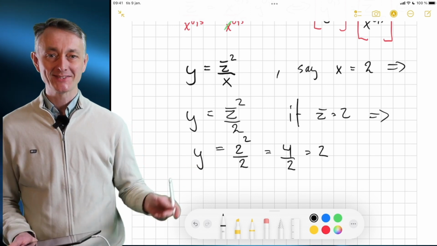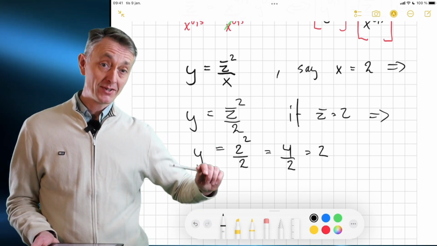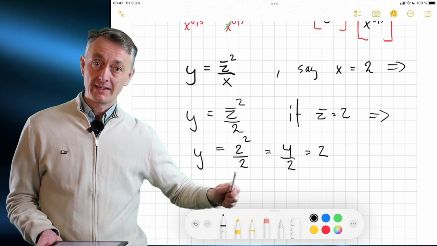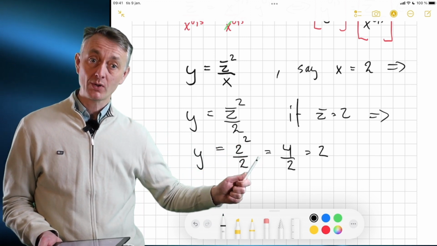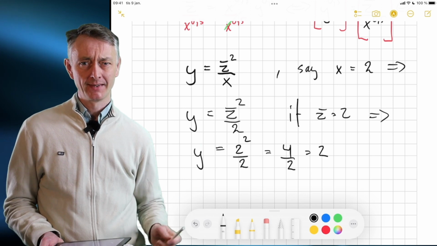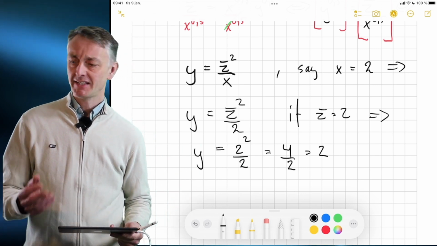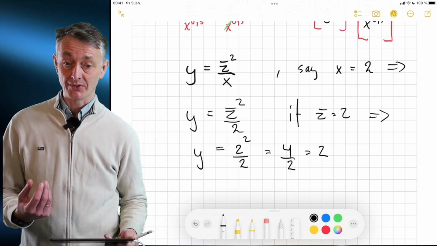Wow! Okay, so remember this. If we are at the production level of 2 and x is 2, then y has to be 2. So let's see if that is true in our graph.